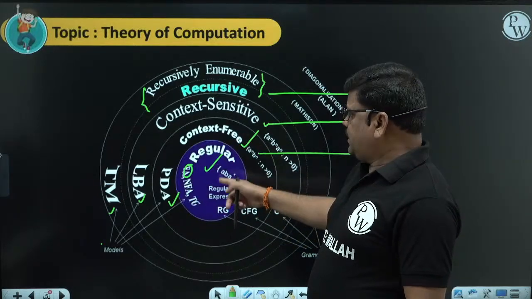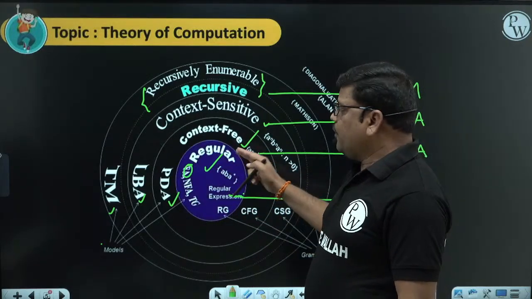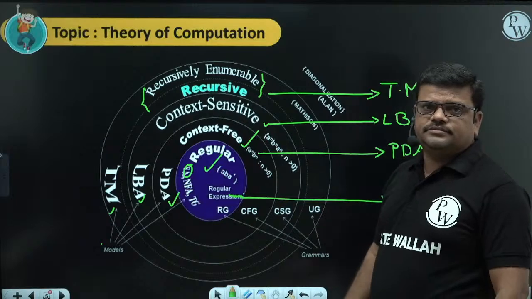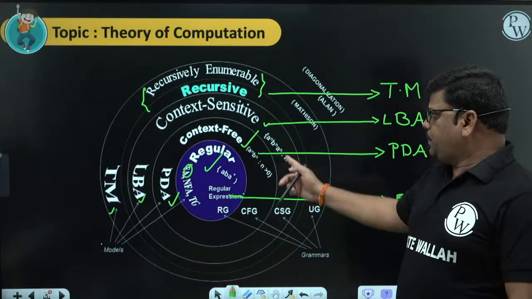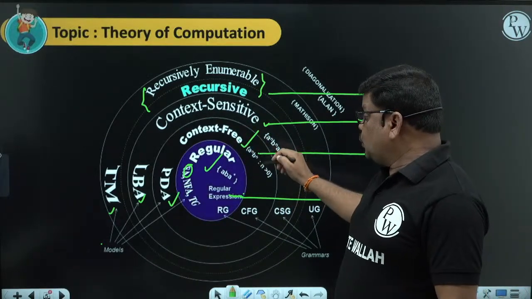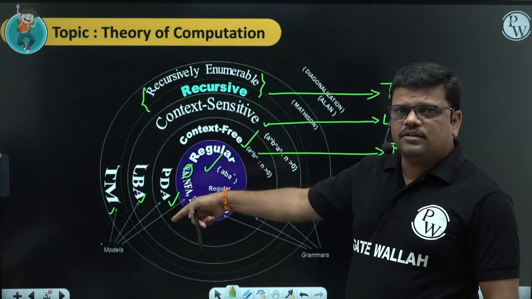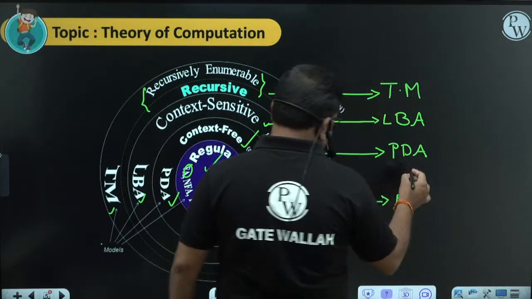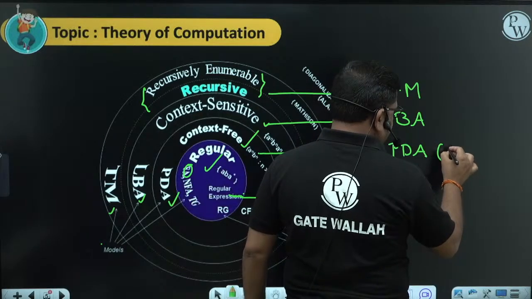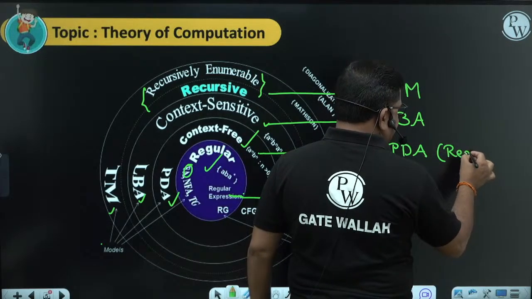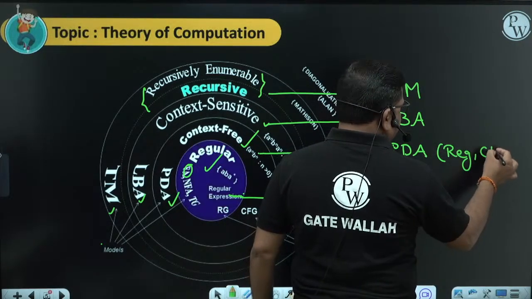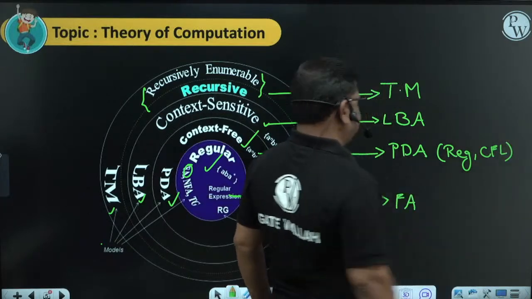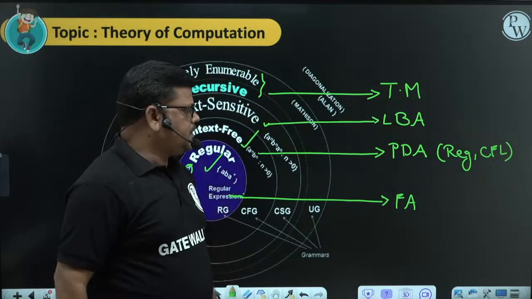Based on the subset-superset relation, every regular language is also context free. It's a superset, so if it accepts the super language, the sub language it also accepts easily. That's why the language accepted by push down automata is regular as well as context free, CFL.